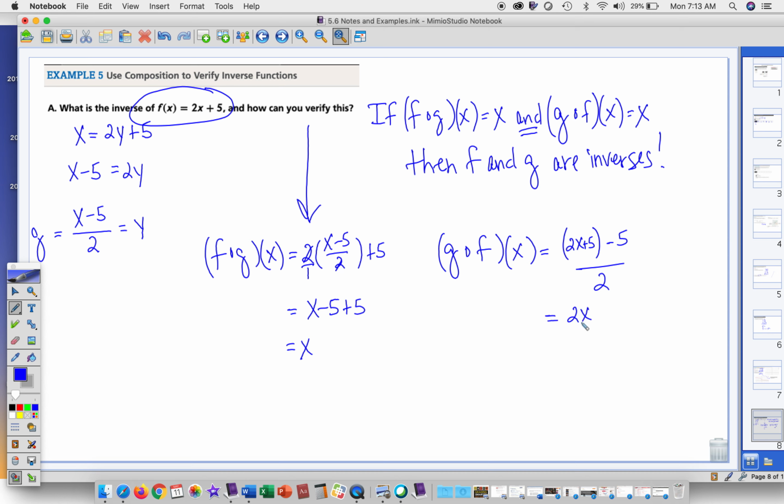The 5's cancel each other out, and I'm left with 2x over 2, which reduces to x. So since in both cases f of g of x equaled x and g of f of x equaled x, therefore, f and g are inverses.